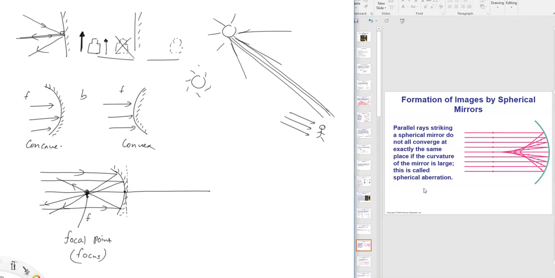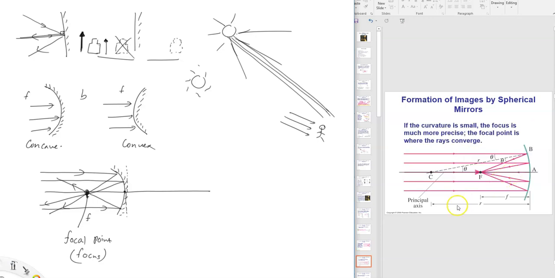So they trained a team of scientists to fix it in space, because you can't bring it back. It's too expensive to bring it back. So they went up there, did some spacewalks outside, they fixed the issue, and it's one of the best we have now, giving us magnificent images. But yeah, this is aberration.